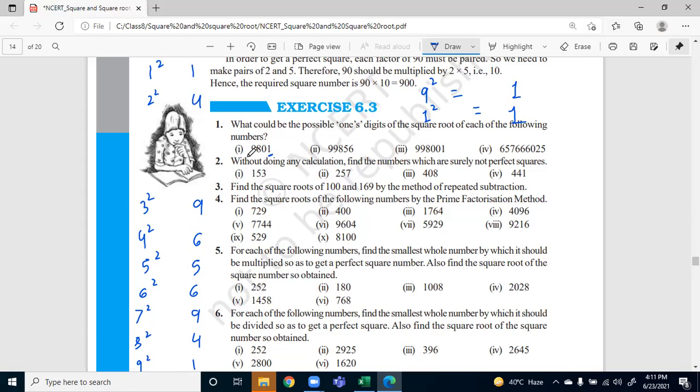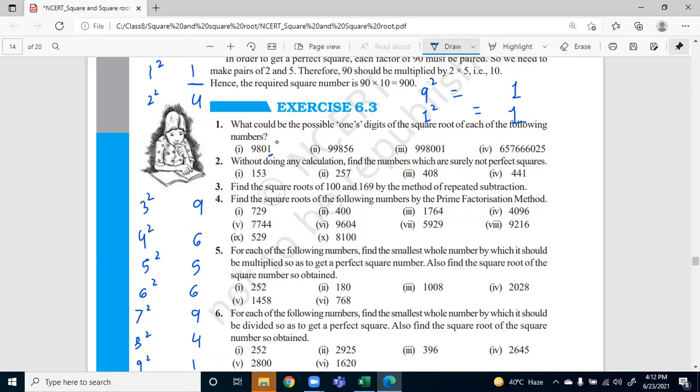If I take its square root, what can be the ones digit? You can see at the unit place there is 1. So 1 is possible in two cases. If 1 is squared, then I get 1. If 9 is squared, then I get 1.